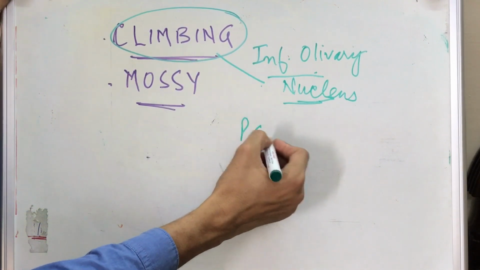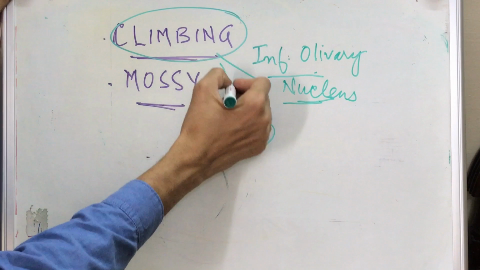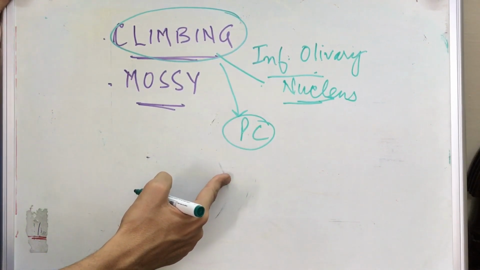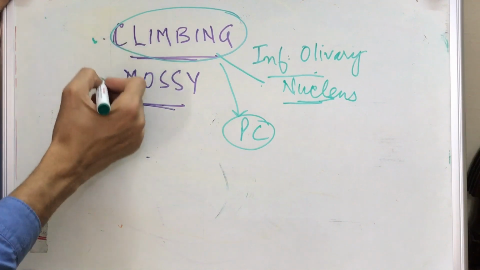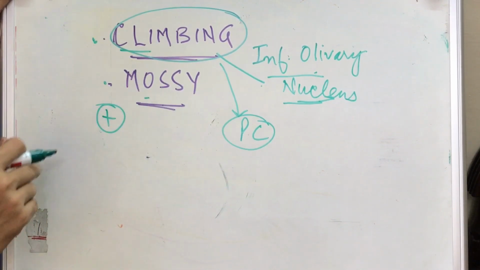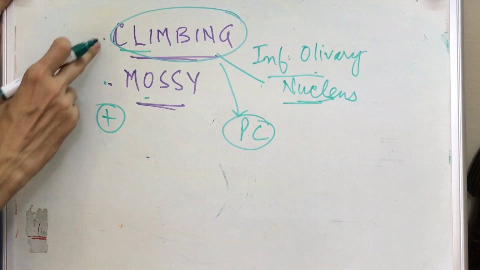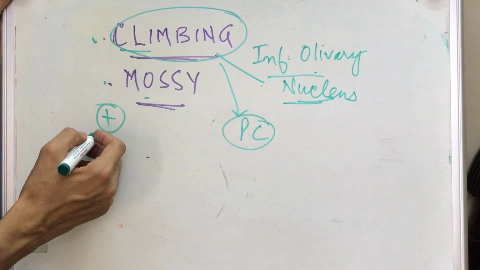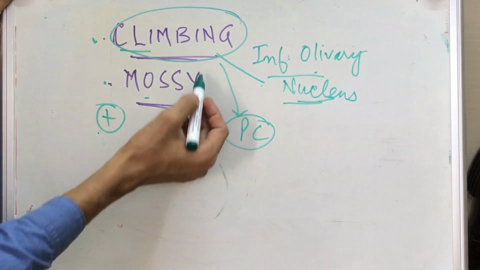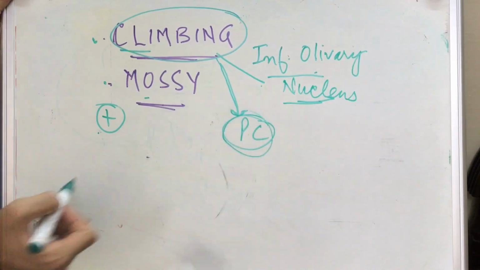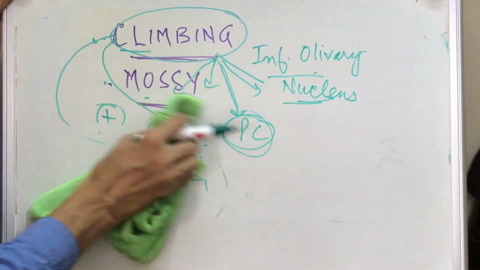Say the Purkinje cell is there, this climbing fiber will directly go and talk with the Purkinje cell. And the most significant feature of these, whether the climbing or the mossy fiber, is that they are excitatory. Means the neurotransmitter released from the axons of both these tracks will be glutamate, excitatory. So the climbing fiber will directly talk one-to-one with the Purkinje cell. Now coming to the mossy fiber.